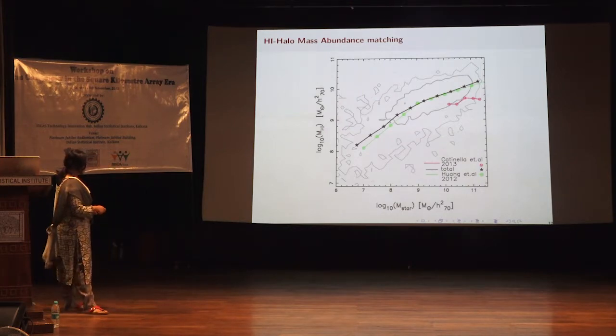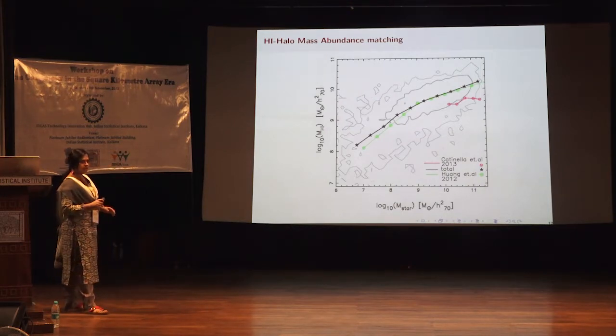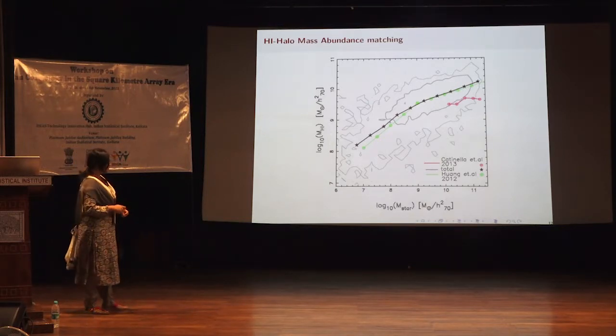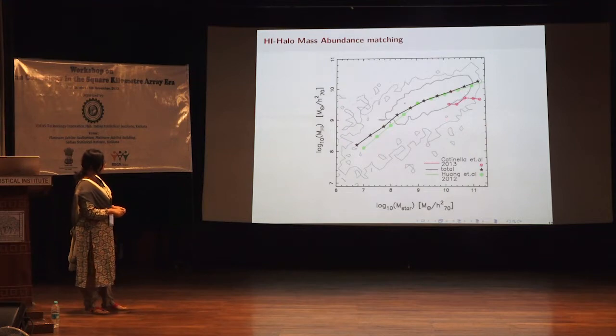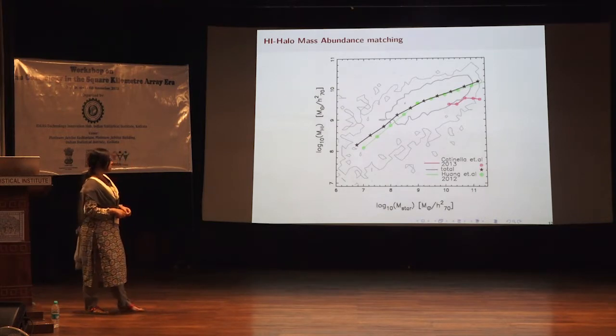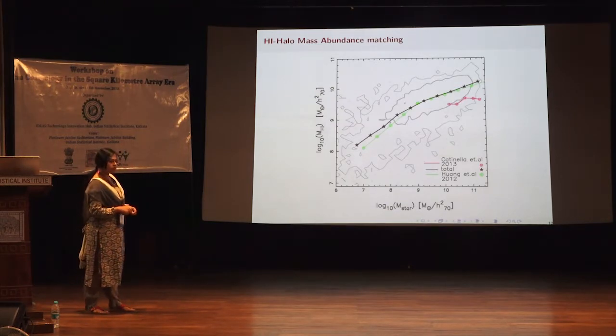Here you can see that this shows a correlation between M_H1 and M star. But again, if you look at these pink points taken from Catinella 2013, you cannot see any correlation.